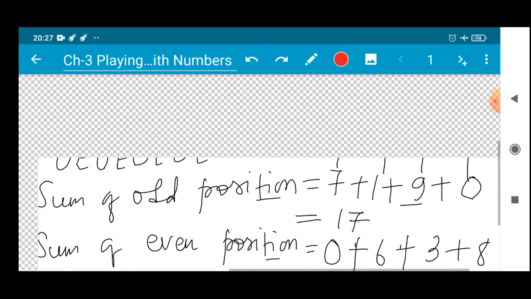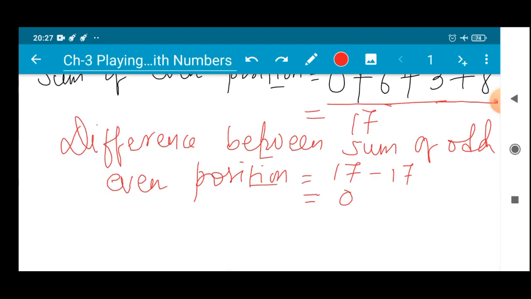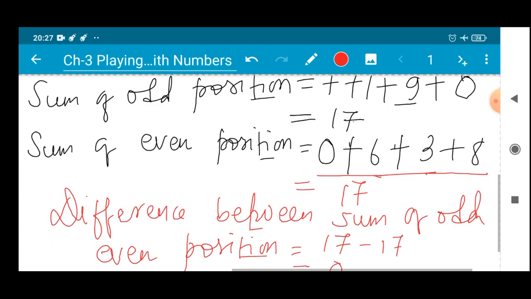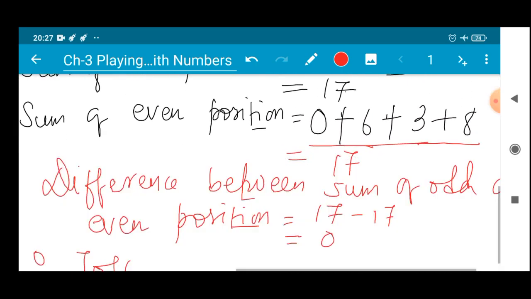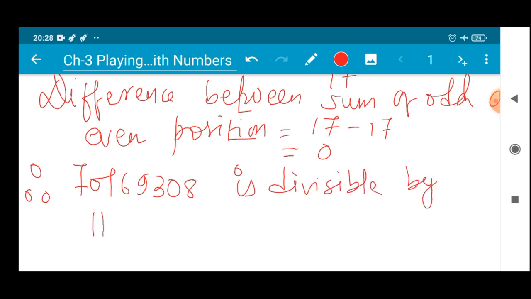So the number which we have here, 70169308, is divisible by 11, as we got 0, and 0 is a multiple of 11. 11 times 0 is 0, then comes 11 times 1 is 11. Yes, so this is how we do it.